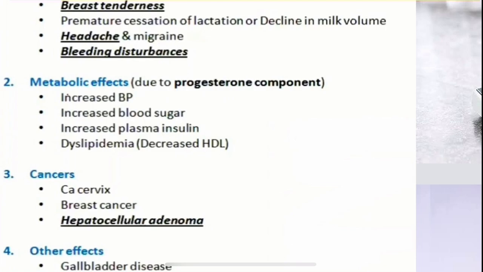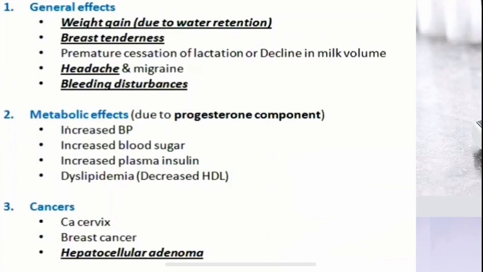Under the metabolic effects, remember guys that they will decrease the high density lipoprotein, the blood clotting will be affected, and the carbohydrate metabolism will be altered. As a result, the blood glucose levels and the plasma insulin will elevate in the body.